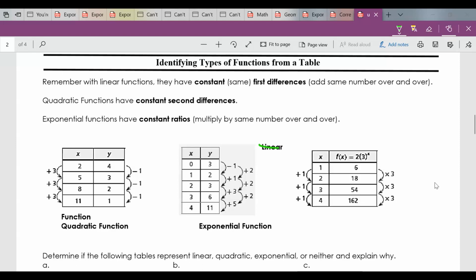The first one should be linear. And then we're going to have our quadratic. And then finally, we've got an exponential.